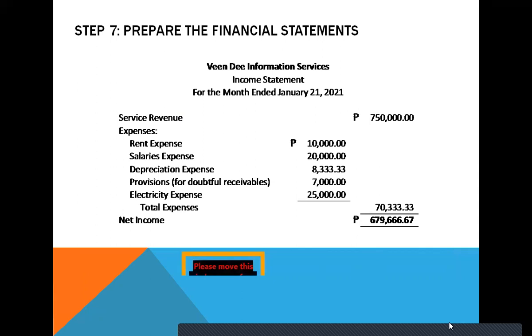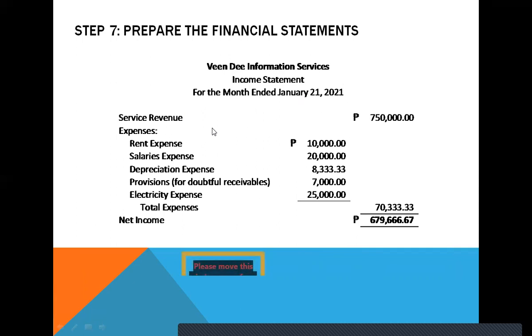But for this video, I am just going to show to you the income statement. So this is how it looks like. VEEN Information Services income statement for the month ended January 31, 2021.